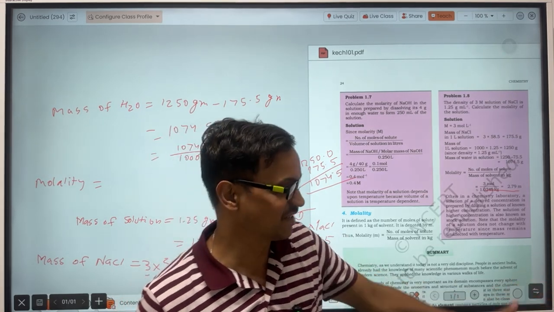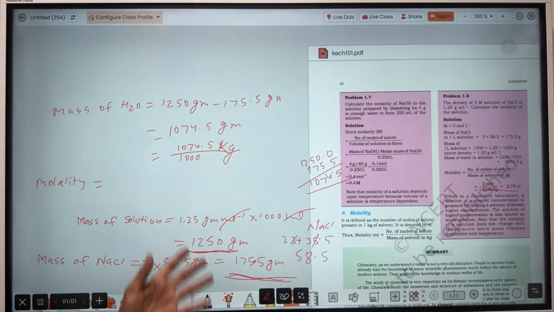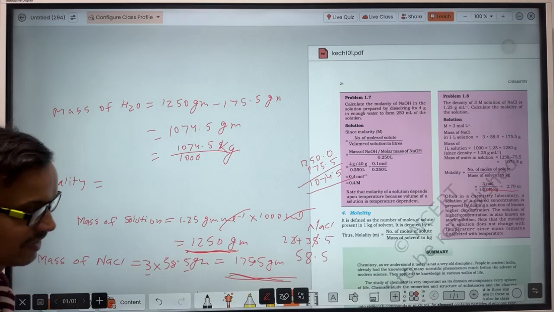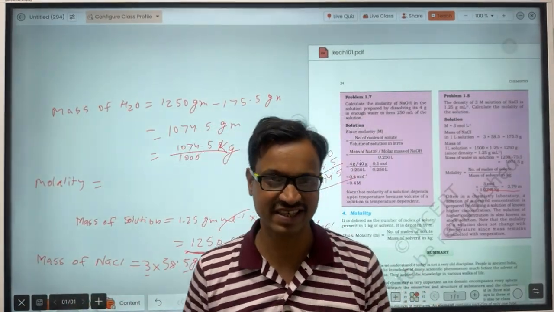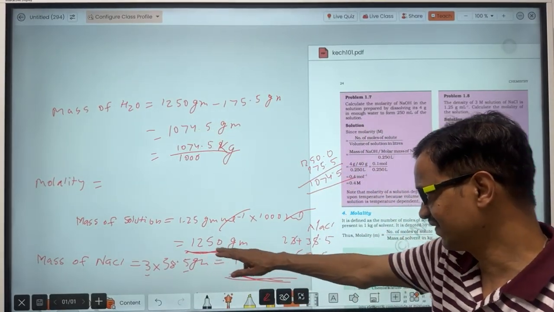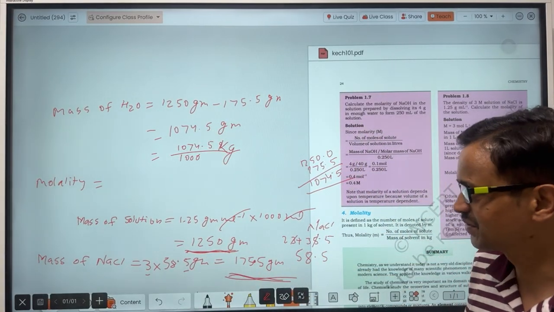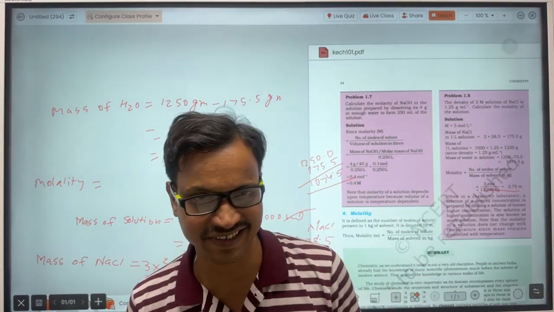Not change. Same here, 3 mole of NaCl is present in 1 liter of solution, and here I am telling that 175.5 gram of NaCl is present in 1 liter of solution or in 1250 gram of solution. The same term it is here.